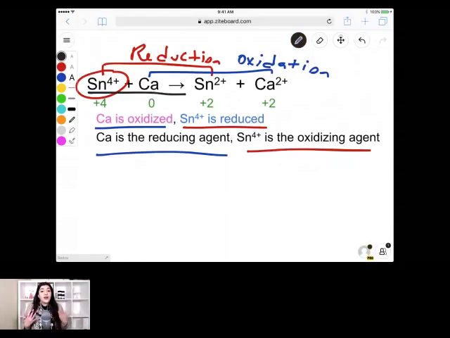So that's what you're starting with initially, so that's what's going to be either reduced or oxidized, because that's what's going to make a change to our products. So for anything that's being oxidized, anything that's being reduced, anything for your reducing agent and oxidizing agent, we're not focused on the products. We're only focused on our reactants.